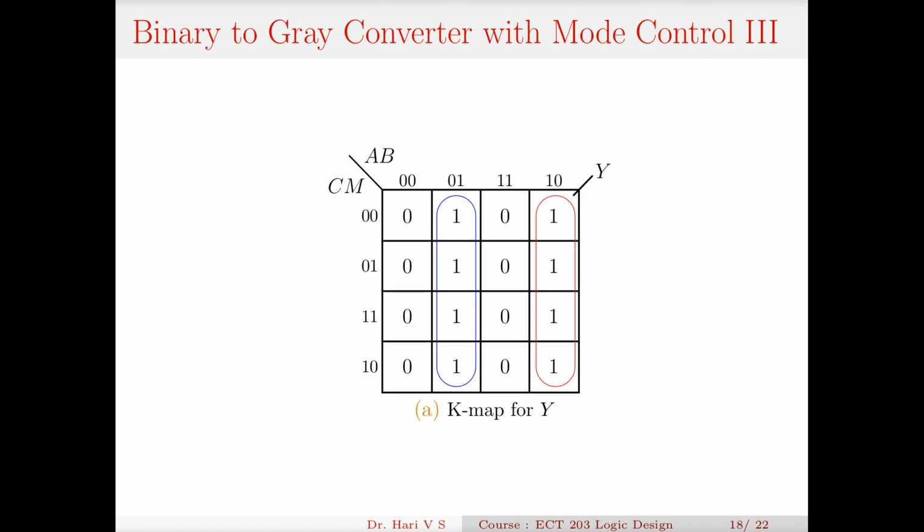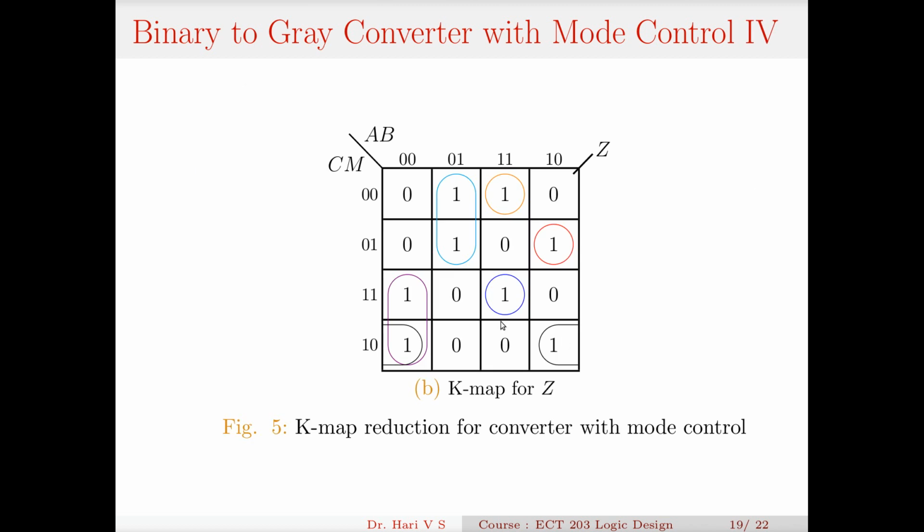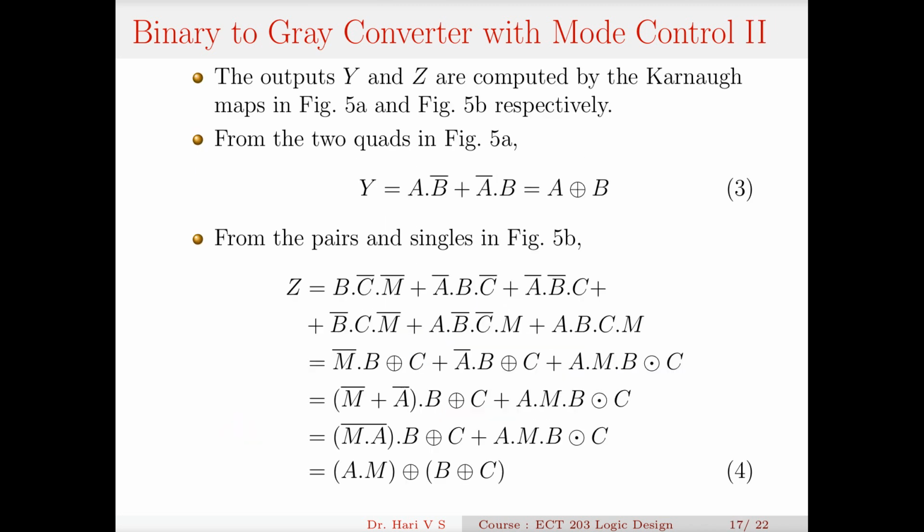Okay, then this one corresponds to C bar, M, AB bar, C bar, M. I think it's a little simplified expression, but from this you can see that it is M bar into this.